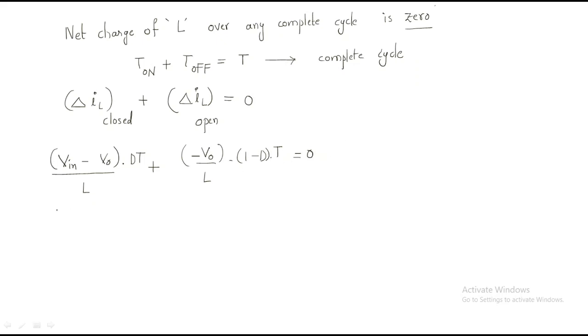By simplifying it, we finally get V naught by V input equal to D.